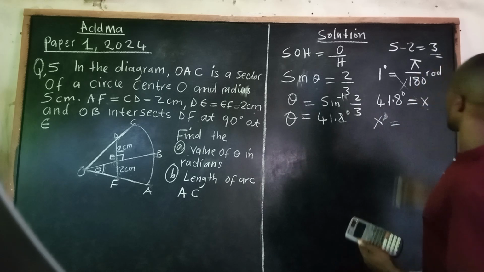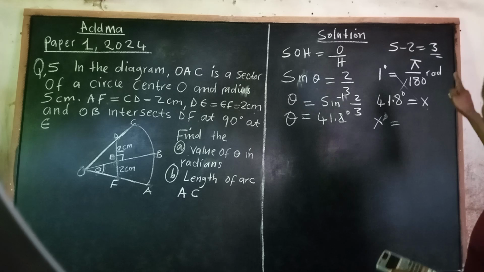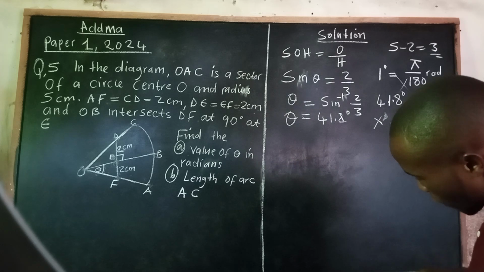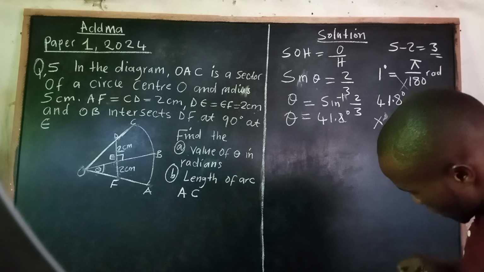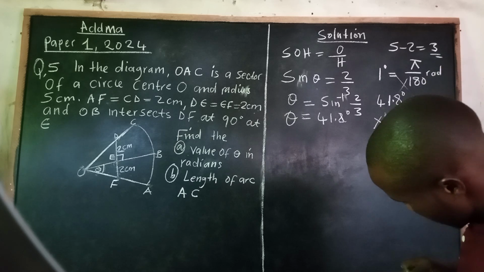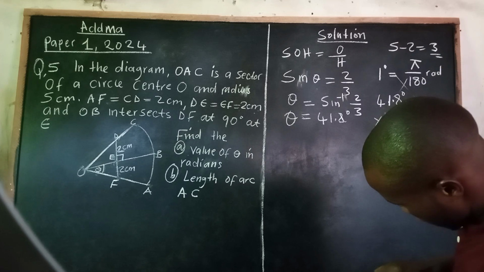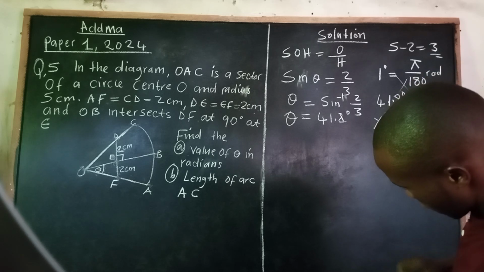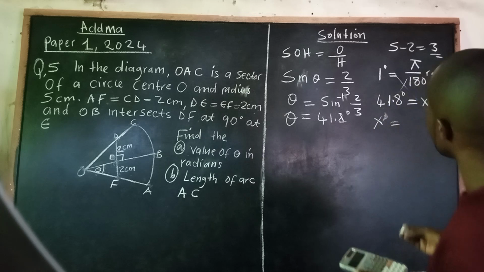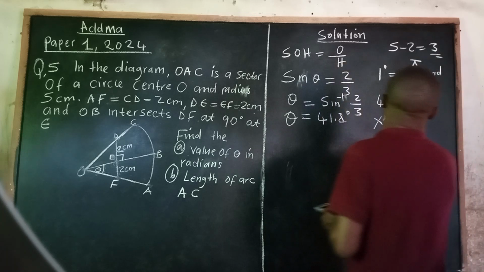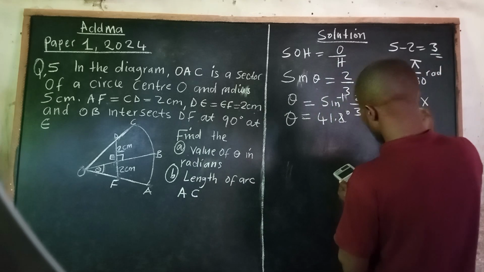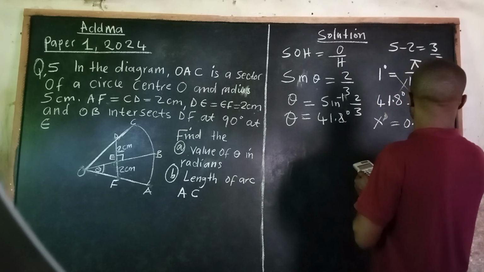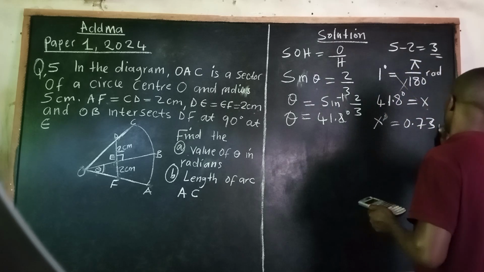Then 41.8 times pi over 180. The answer is 0.72, or let me just round off, 0.73 rad.